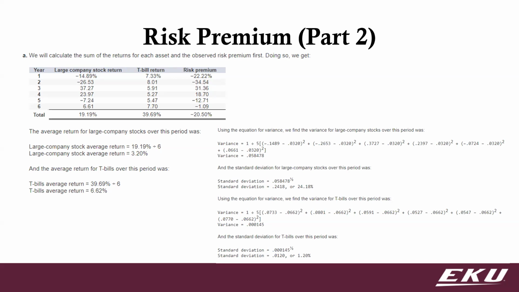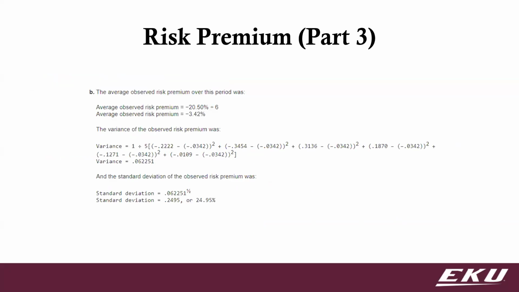Again, we are always going to divide by what they call n minus 1, right? So you take the number of observations and subtract 1 from it. So you do that for both the corporate and our T-bills, right? And so you'll end up with both the standard deviation for each, right, by taking the square root of those variances. So that'll answer the part A of the question.